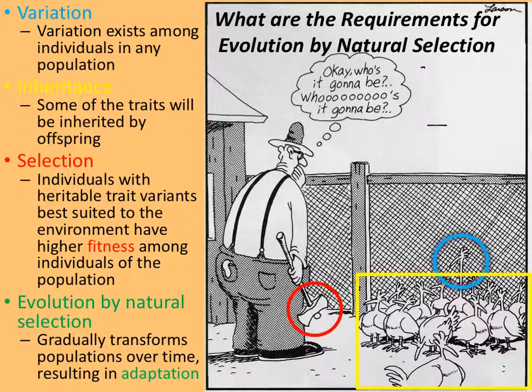Evolution by natural selection gradually transforms a population over time. You can have selection where there's no evolution, either because there's no variation, so there's nothing to work on, or that variation isn't heritable, or the selective force is immune to being passed on.